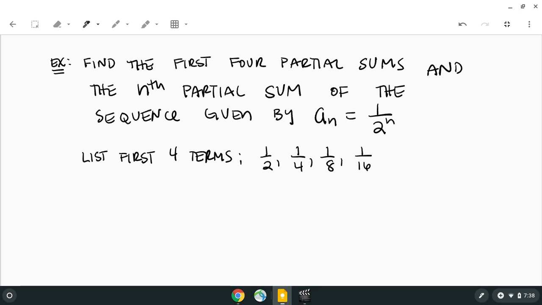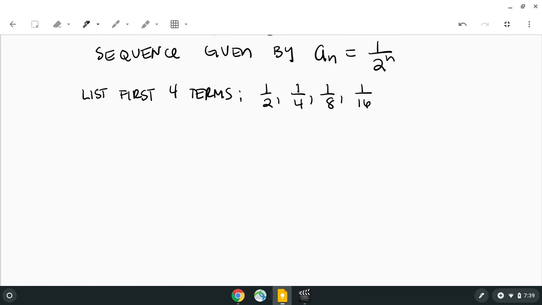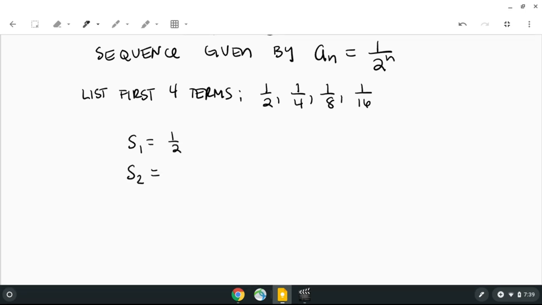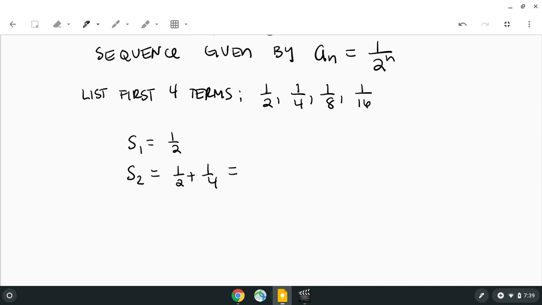So now we just have to find the first 4 sums. The sum of just the first term, that one's easy, that's just 1/2. We'll find S2, the sum of the first 2 terms, 1/2 and 1/4. We need a common denominator, which is 4. So we get 2 over 4 plus 1 over 4 equals 3 over 4.